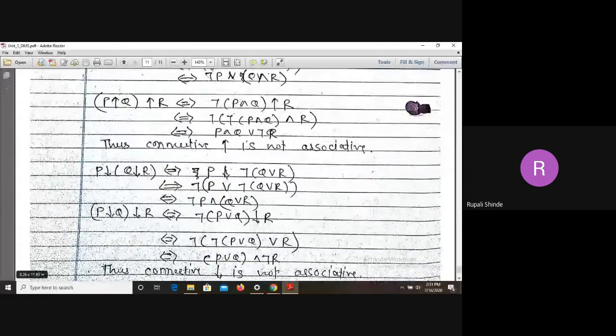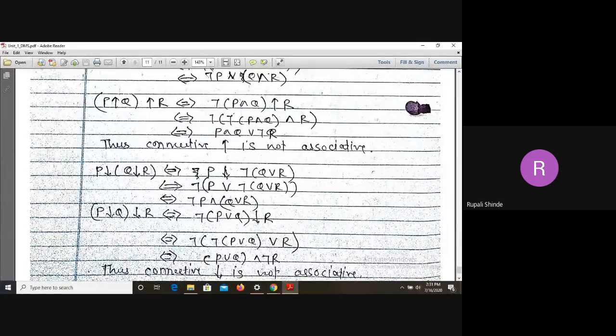Now check the second formula. The second formula is (P NOR Q) NOR R. We keep this NOR as it is. In the second step, we remove this NOR as negation of (first term or second term).